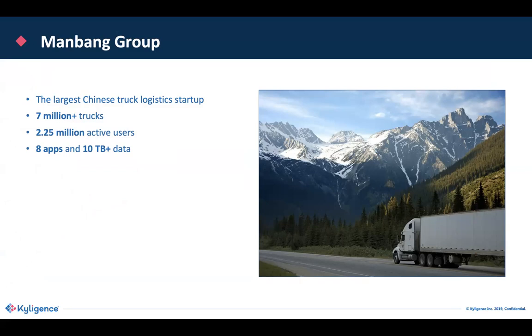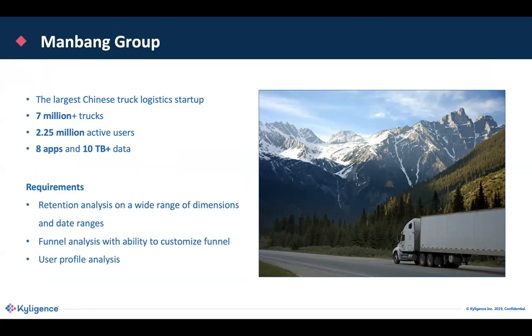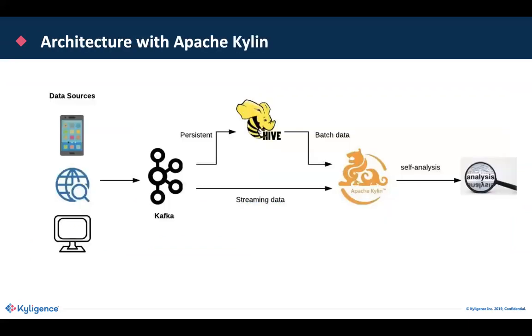They have currently launched 8 mobile applications and generated more than 10 terabytes of data in the last 2 years. They hope to use Apache Kylin to do retention analysis and funnel analysis on a wide range of dimensions and data ranges. In addition, they also hope to use Apache Kylin for user profile analysis.